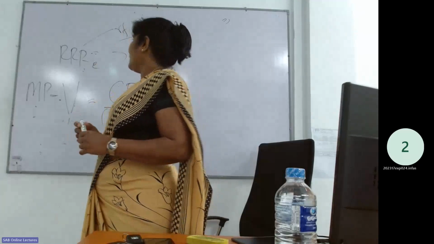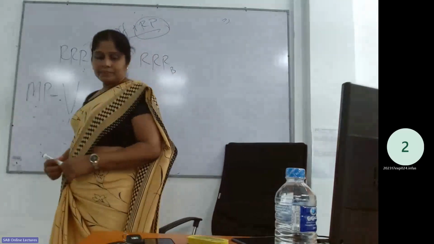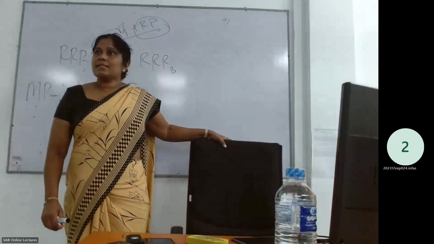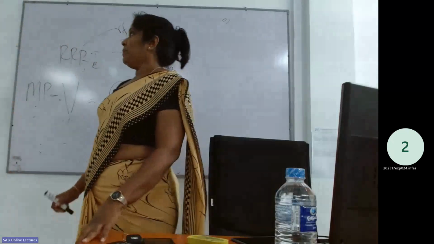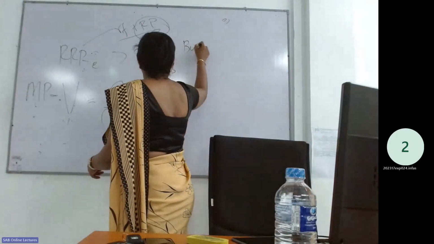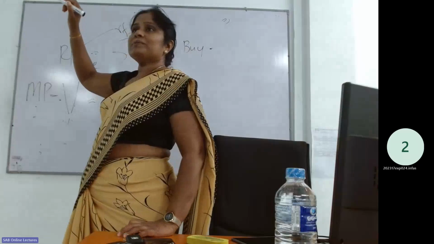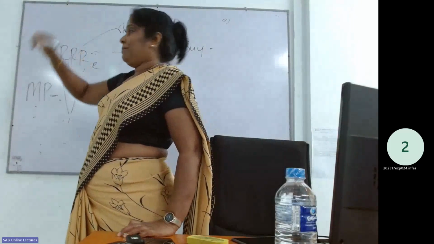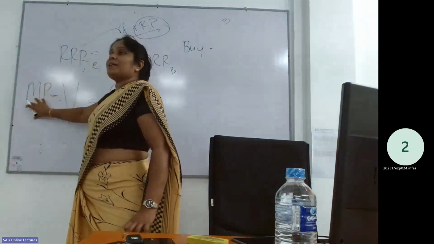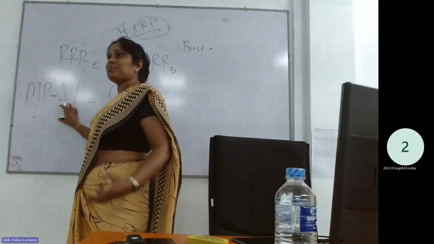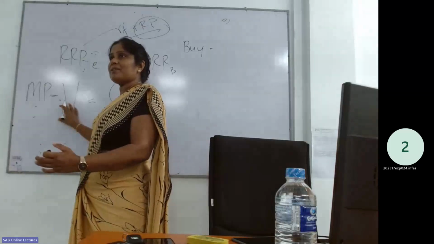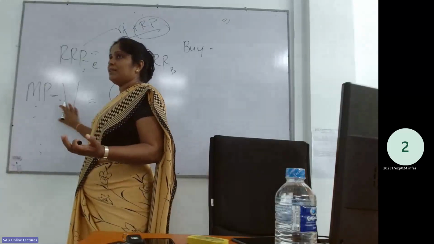Normally, as an investor, when you are taking the buy decision, you buy when the market is undervalued. If the market price is less than the intrinsic value, that means there is underpricing, undervaluation of that particular company, so you will buy.